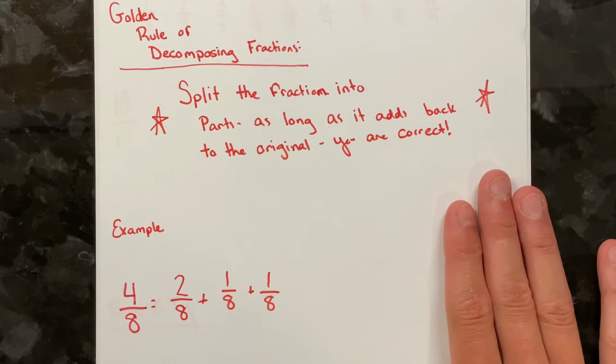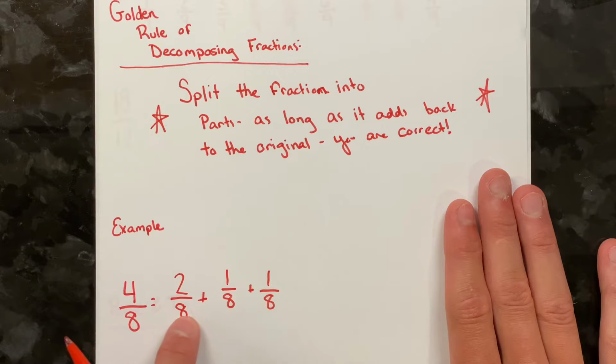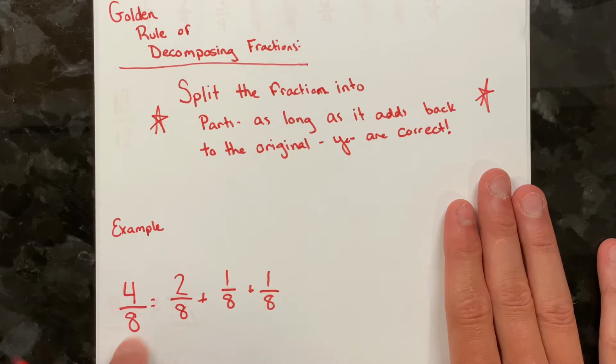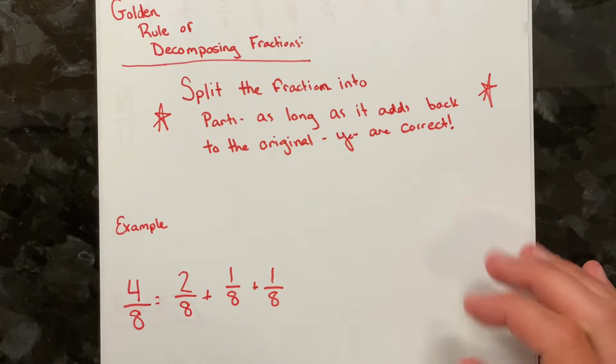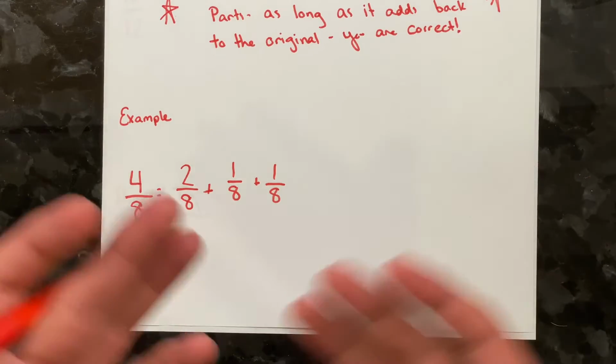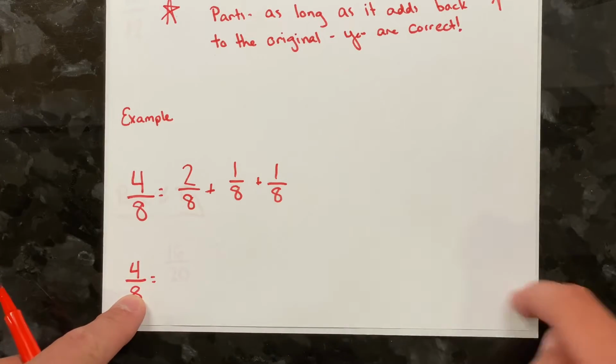Let's double check and make sure everything adds back up. My denominator does not change, but 2 plus 1 is 3, plus 1 more is 4, and 4/8 is equal to 4/8. I could also do it 1/8, 1/8, 1/8, 1/8, 1/8.